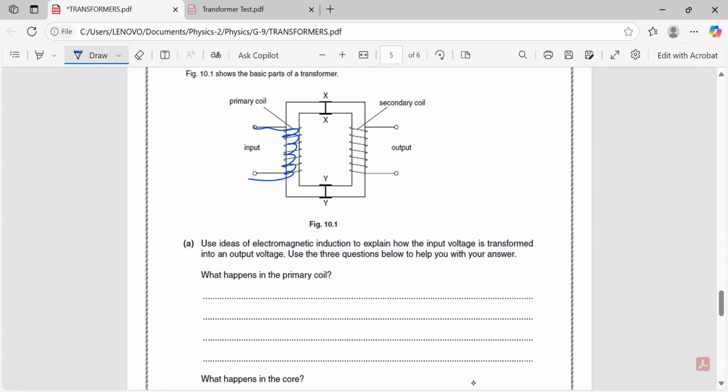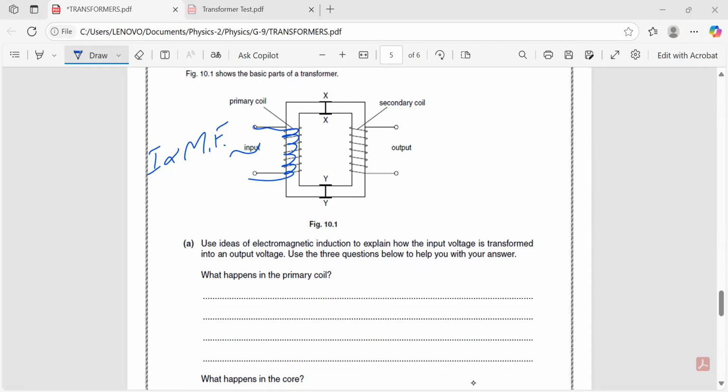And you know, every current carrying conductor has a magnetic field around it. This magnetic field, as I told you, that current and magnetic fields are directly related to each other. So as we are providing the AC source here, the change in current will cause the change in magnetic field lines, right? So this is what is happening in the primary coil.